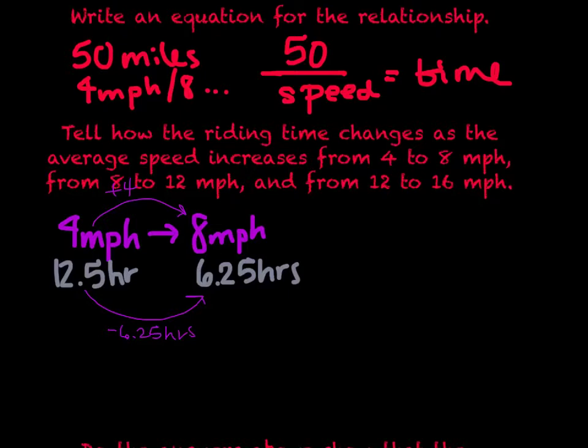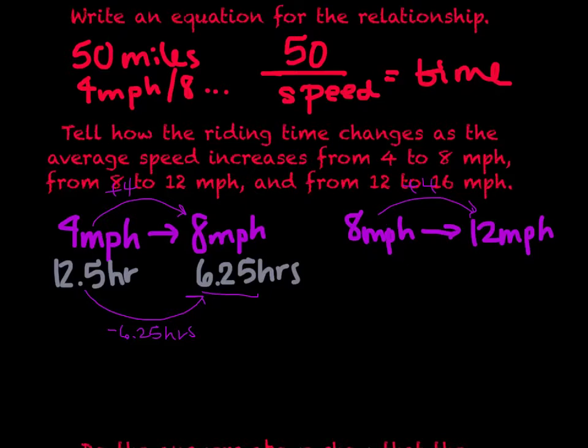So now let's look at the next set of data. If we look from 8 to 12 miles per hour, we have that same 4 increase in miles per hour. So if this were going to be linear, I would want to see this 6.25 hours become 0. So let's see if that is actually the case.